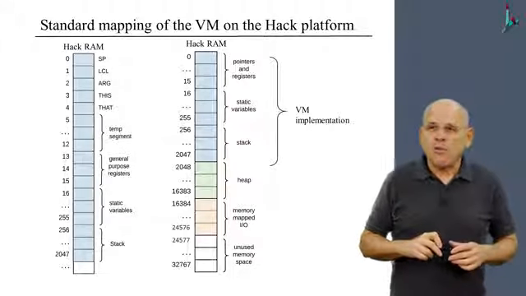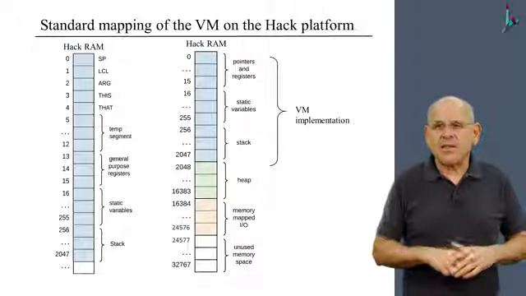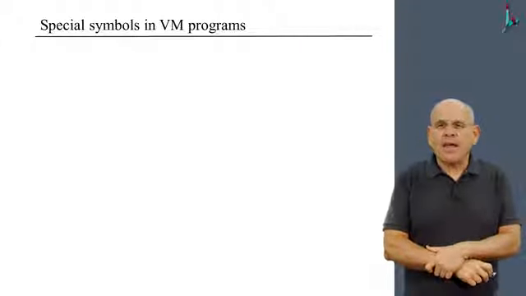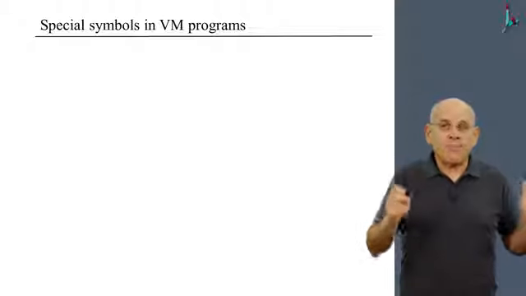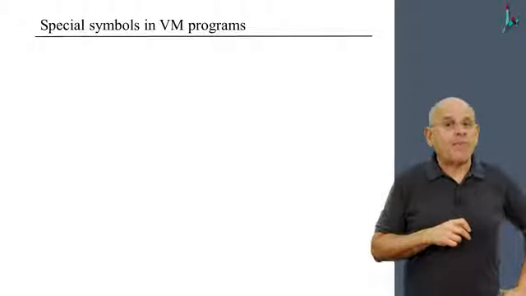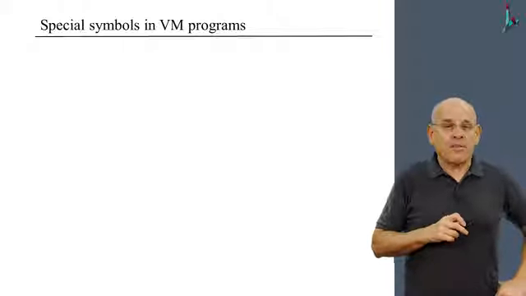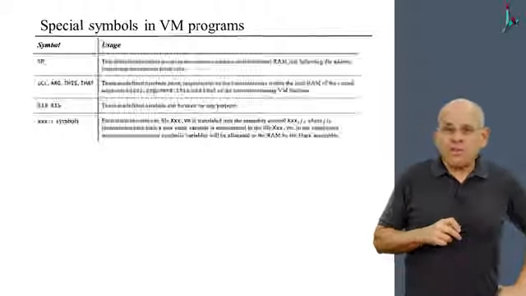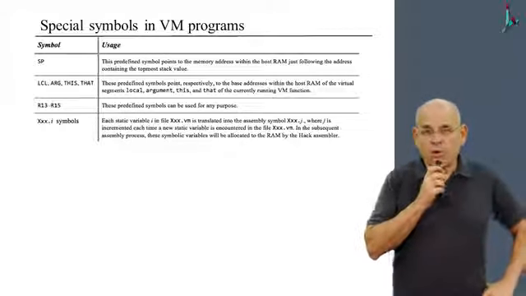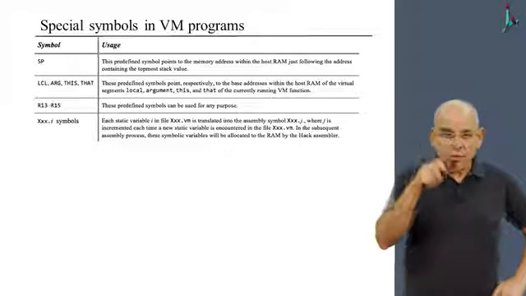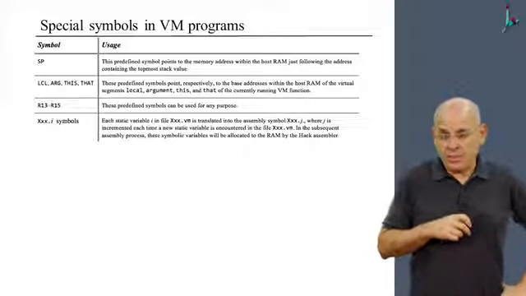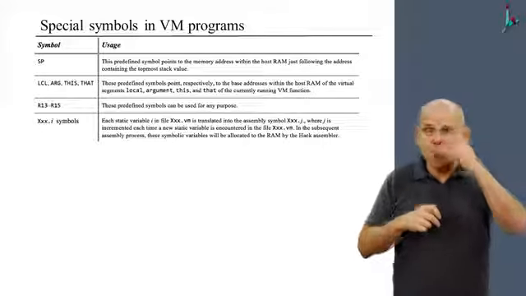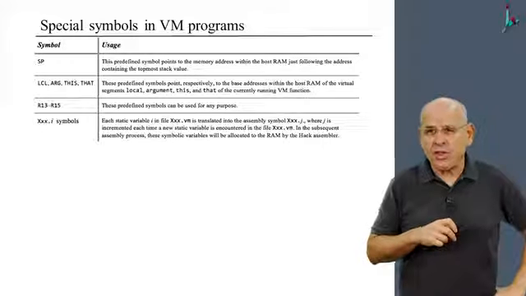So we'll move on to the last slide in this unit, and that is a documentation of all the special symbols that your VM translator ought to use. So first of all, in the previous module, we decided to use these special symbols. And I'm not going to repeat this information now.